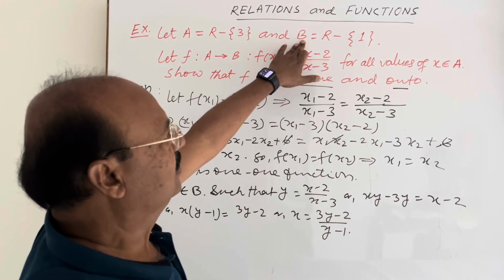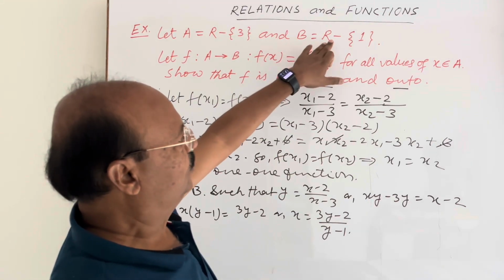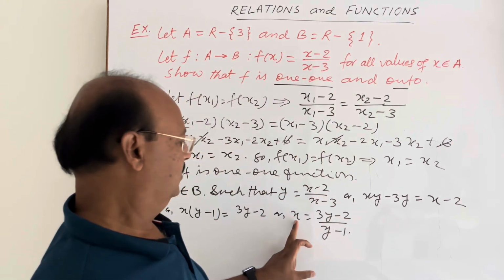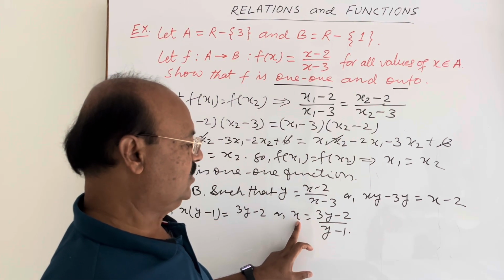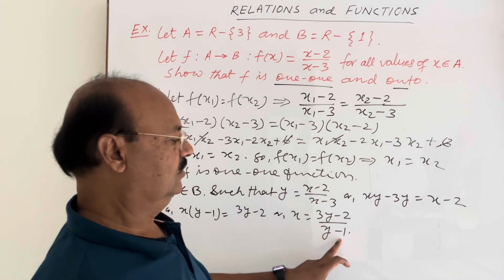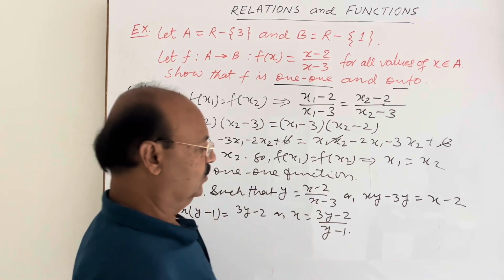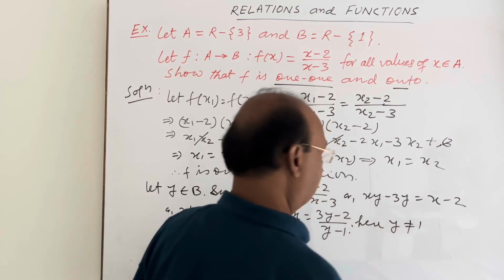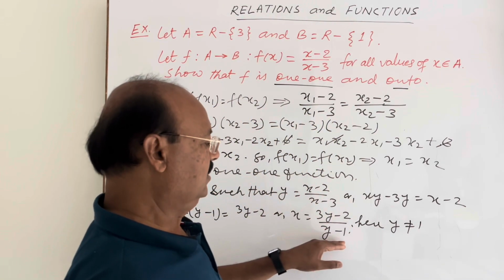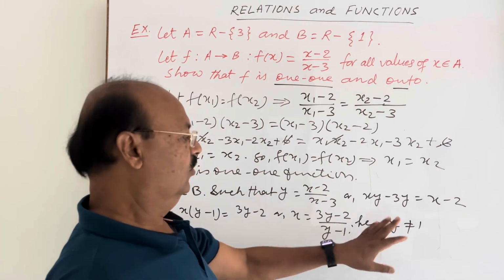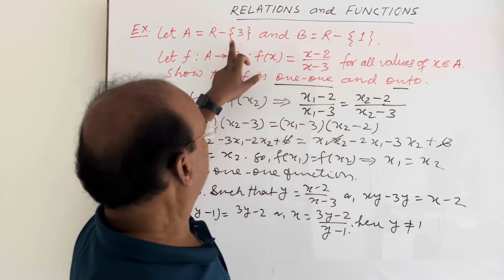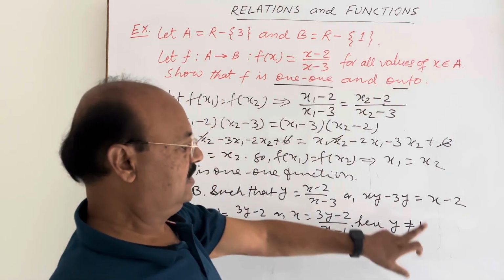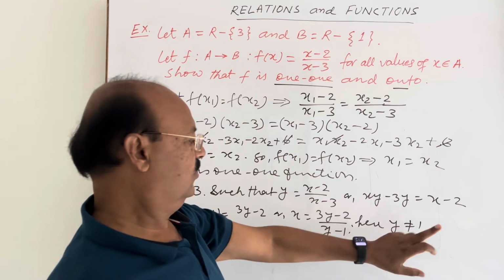Here B is the codomain, which is equal to R minus the set 1. So this value of x will not exist when y is equal to 1, correct? So clearly here y is not equal to 1, otherwise something by 0 will not be defined. So we are satisfying this condition: B is equal to the set of real numbers minus 1, y should not be equal to 1.